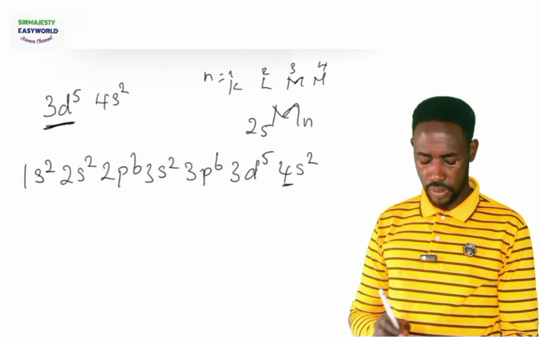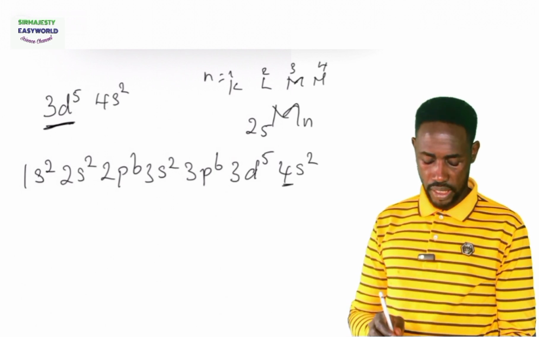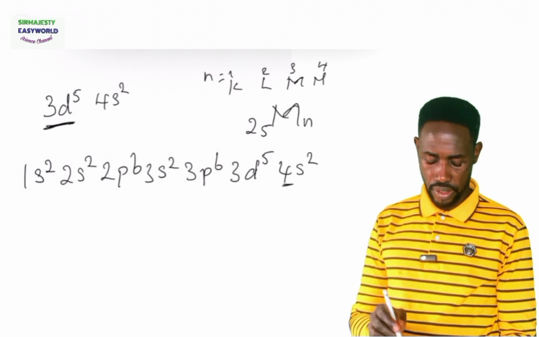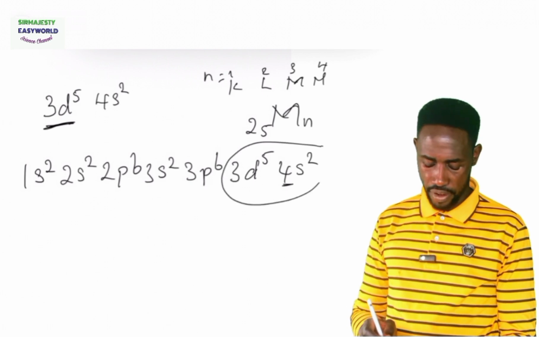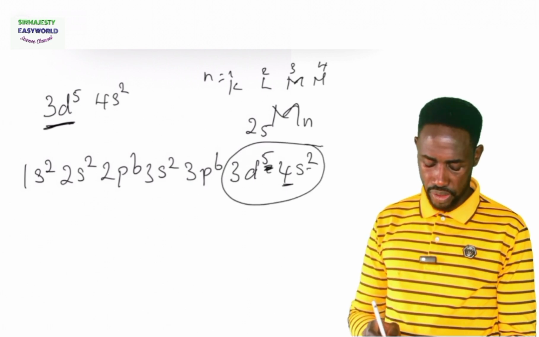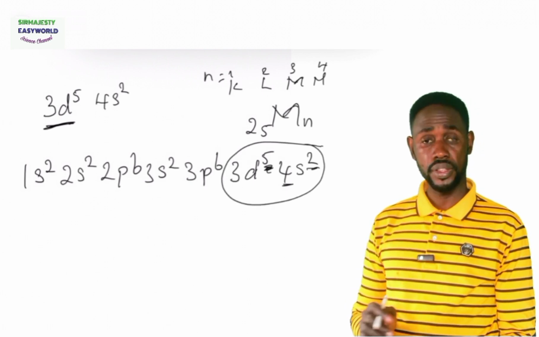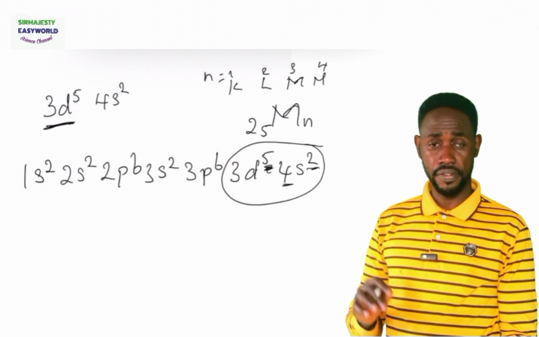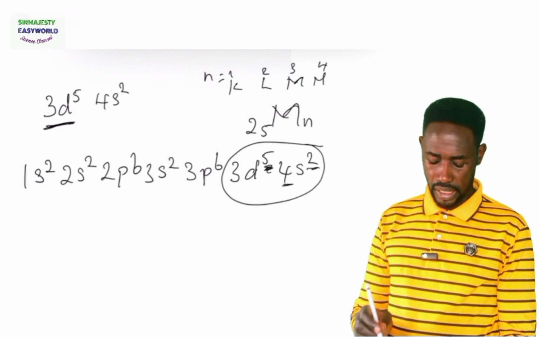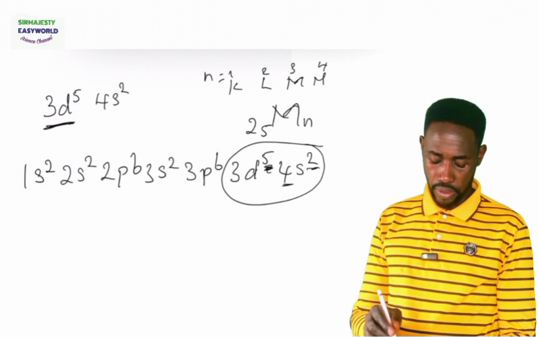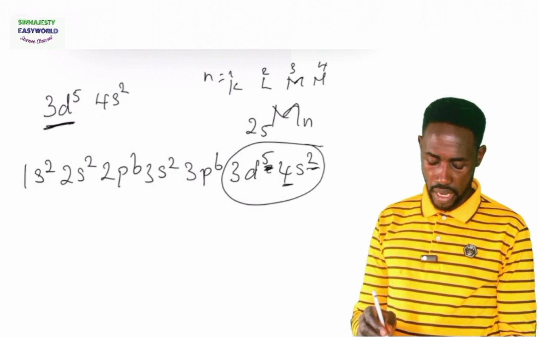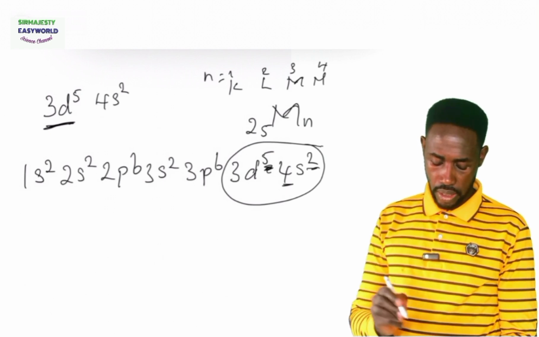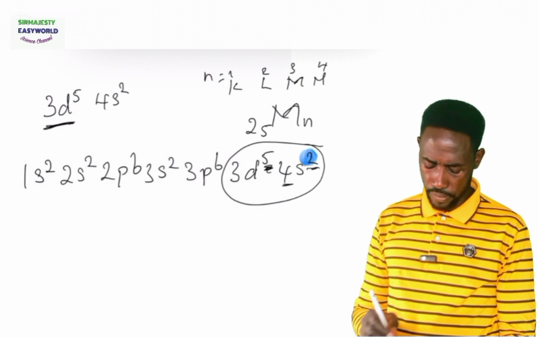So this is the one in the last shell. Now, what we are saying is that the pattern of ionization is that both these 5 and these 2 are available for bonding, and that gives it the variable oxidation state. So it can lose the 2 here, out of these 4s electrons.